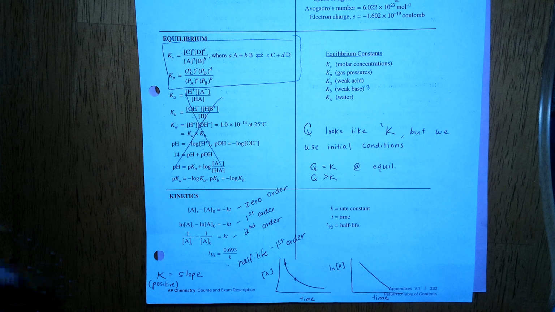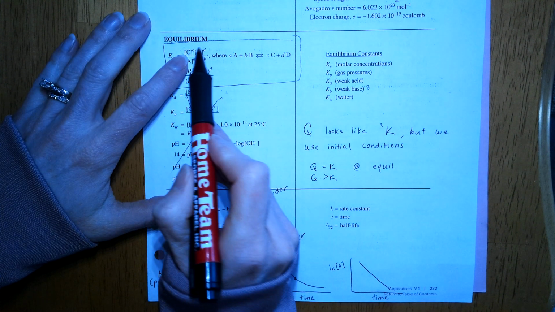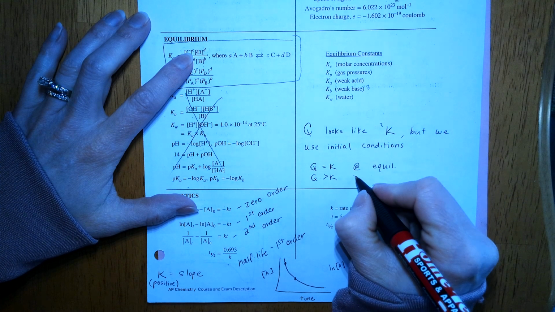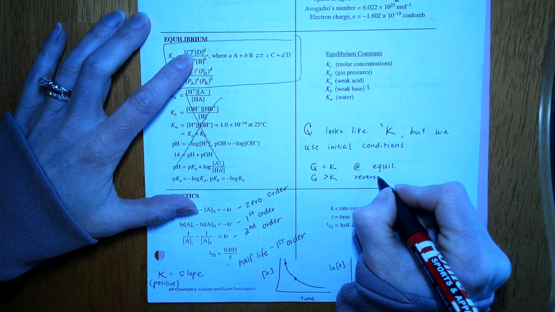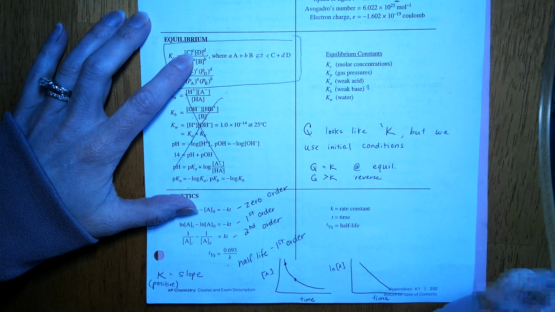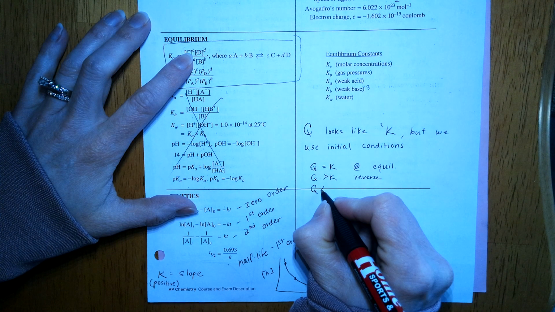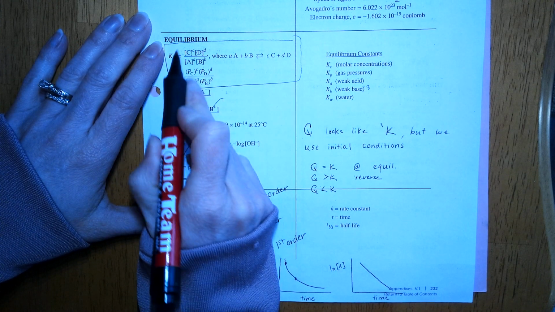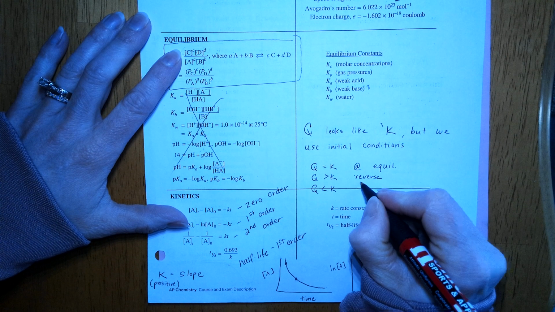Well, I want to reduce Q so that it equals K. We want to be at a state of equilibrium. If I have too much product, I'm shifting this thing in reverse. If Q is less than K, then I don't have enough product. I want to make more. We would shift forward.